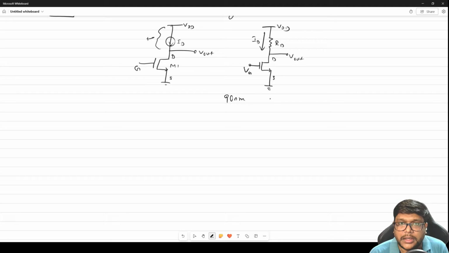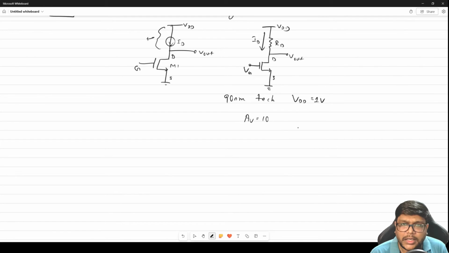We'll use 90 nm technology. Maximum VDD will be 1 volt, and we expect a gain of Av equal to 10.